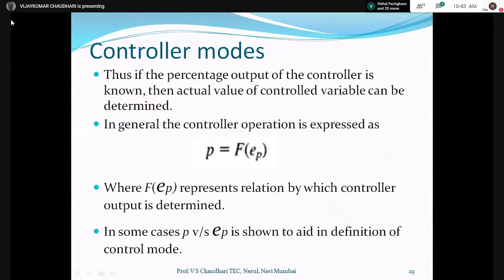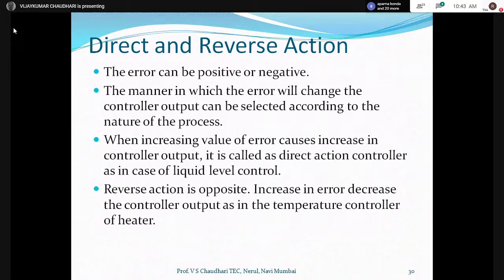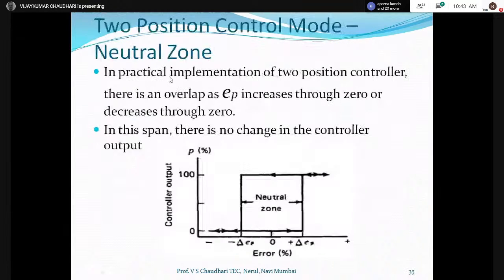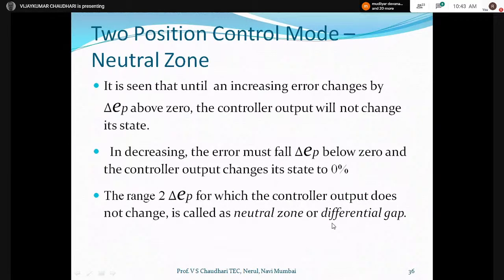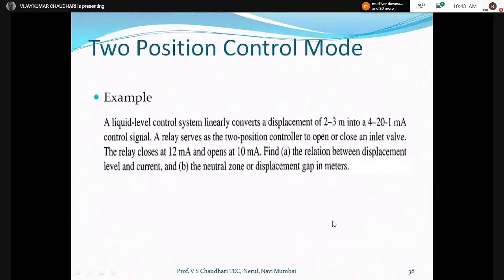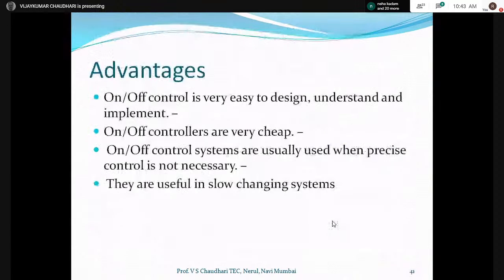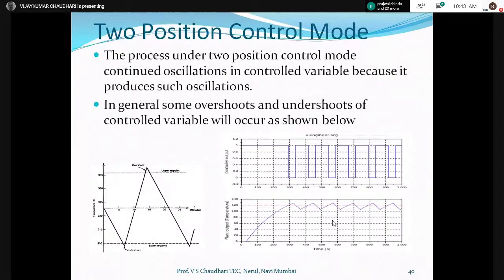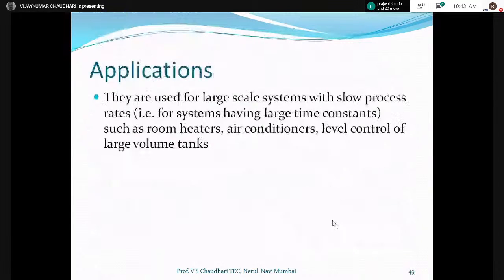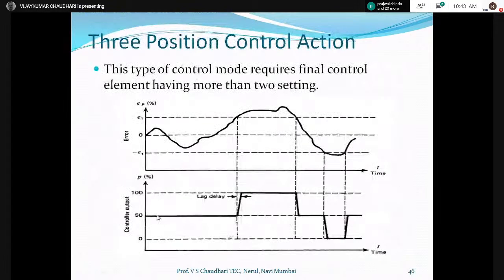In each case, whatever the figure you see, the controller output is not a continuous function of time, right? It is intermittent, a discontinuous function of time, not a continuous one.